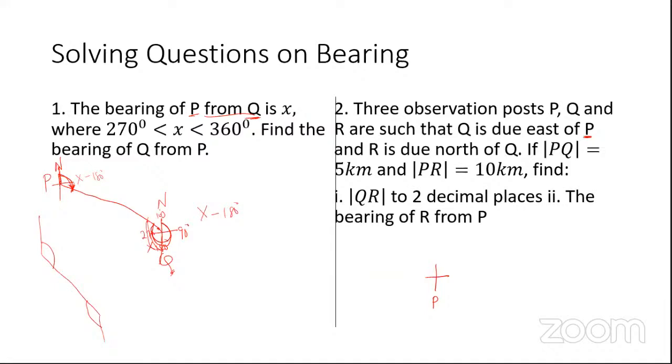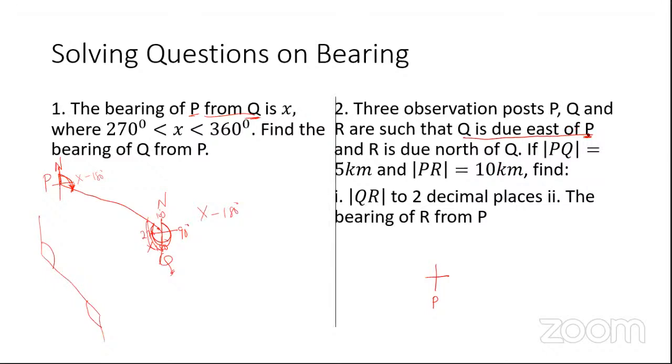So for question 2, they said observation posts P, Q, and R are such that Q is due east of P. That's the first statement we want to interpret. Q is due east of P. So of what?